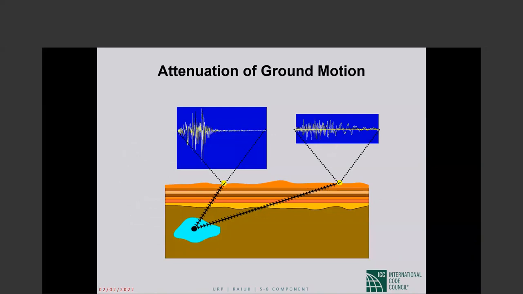Now, you will hear quite a bit about attenuation of ground motion. That is the word that is used. Attenuation basically means dying away of the ground motion. So this is the epicenter of an earthquake. If you look at ground motion close to the epicenter at this point on the surface, the ground motion may look like this. It's high frequency ground motion. The period is very short.